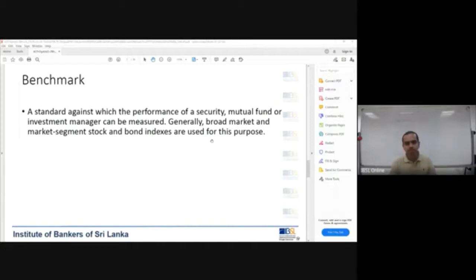Generally, broad market and market segment stock and bond indices are used for this purpose. Right, so you benchmark, that means you compare your performance against an industry standard. Right, it can be the market. For example, in Sri Lanka, if you're managing an equity portfolio, you can compare yourself against the all-share index return, something like that. That's called a benchmark.